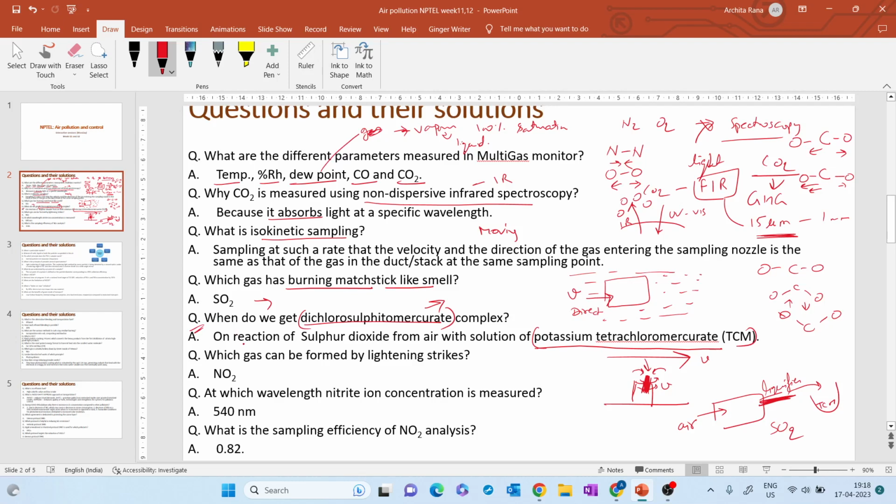So this is important. Now, we know that NO2 generally comes from fertilizer, agriculture, and the decay of plant or plant processing. But very few people actually study that this gas is also formed from lightning.